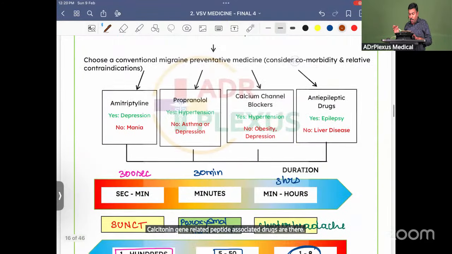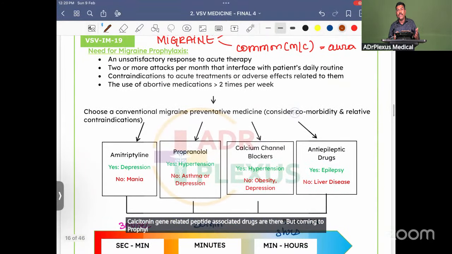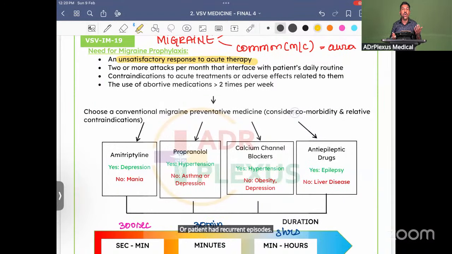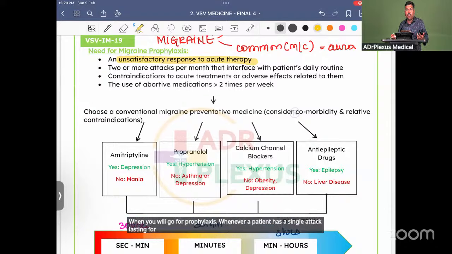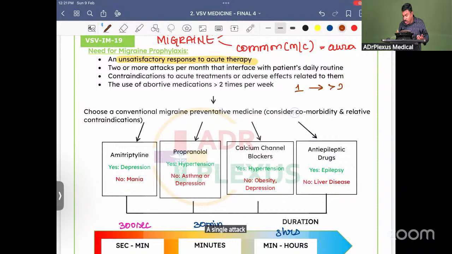But coming to prophylaxis, whenever your acute therapy is unsatisfactory or the patient has recurrent episodes, then you have to go for prophylaxis. You will go for prophylaxis whenever a patient has a single attack lasting for more than 2 days, or more than 2 attacks in a single month.